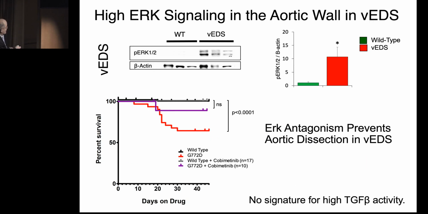We do see a clear signature for increased ERK signaling in our vascular EDS mice without any signature for increased TGF-beta activity. So there are important differences, but also similarities. And the ERK antagonist in early studies has shown the ability to substantially protect these mice from aortic dissection.